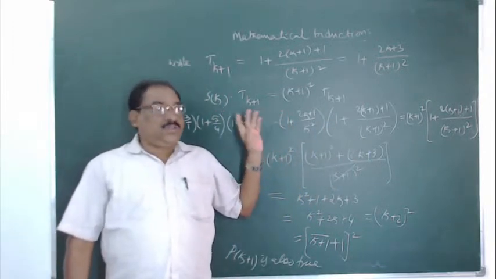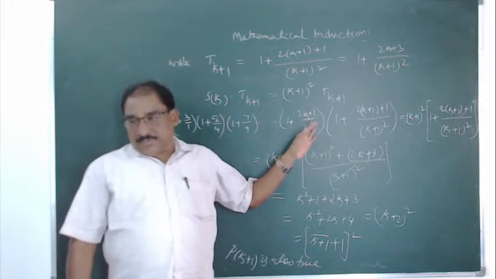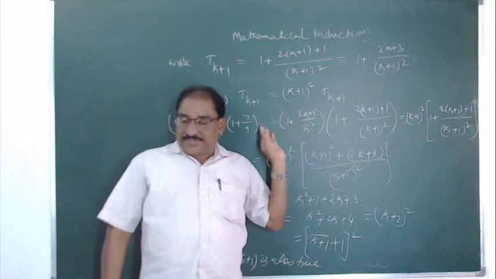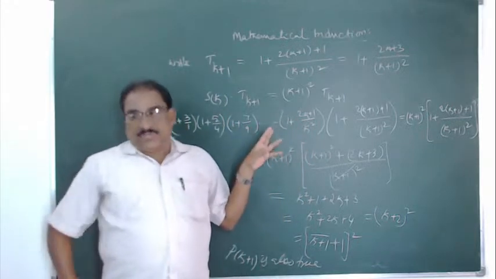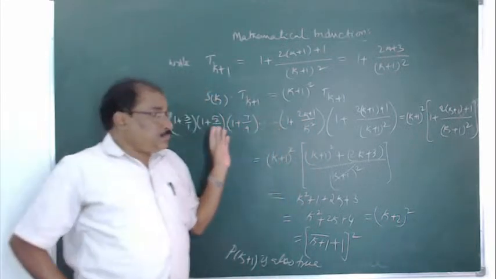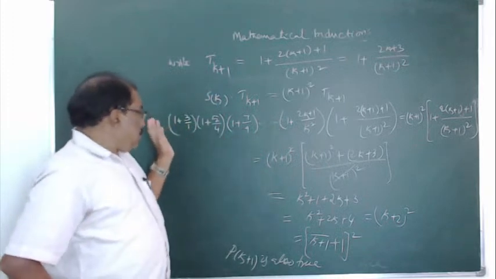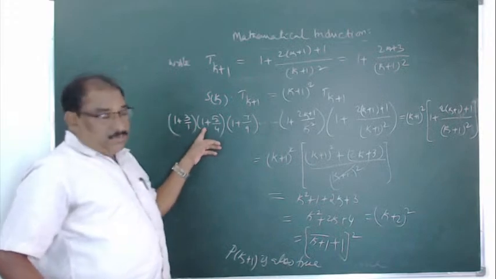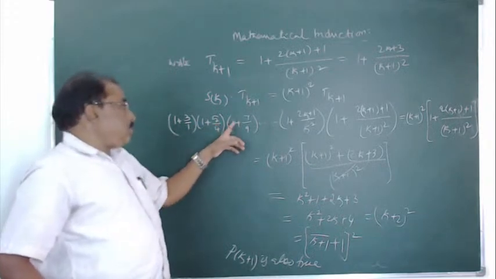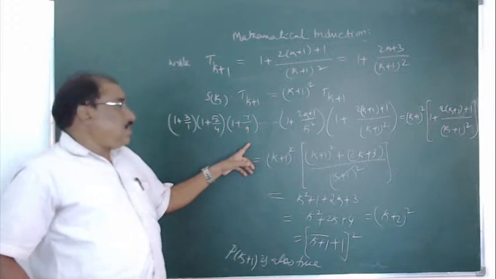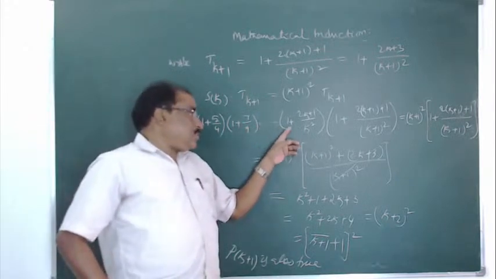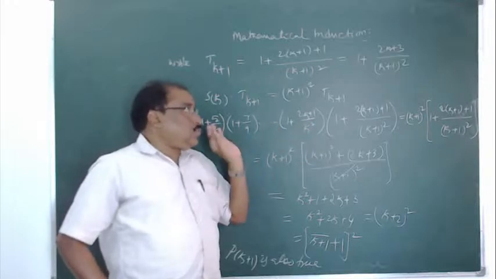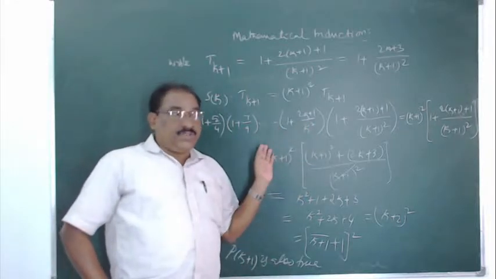P of n is a propositional statement that is represented by P of n, or write P of n is equal to 1 plus 3 by 1 into 1 plus 5 by 4 into 1 plus 7 by 9 into and so on, 1 plus 2n plus 1 by n square is equal to n plus 1 whole square. That is the given statement.